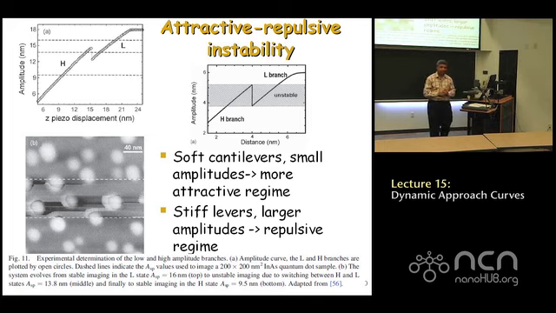And here are some experimental examples of why this is so important. I'm showing you a couple of examples again from Garcia and Perez's review article. So this was an experiment where these were indium quantum dot samples, and this is a hard sample. I'll show you another example of a soft sample. The top is an amplitude versus z curve, A versus z curve, right?